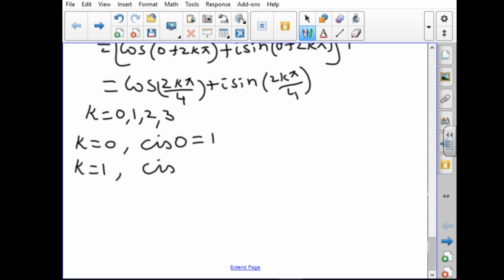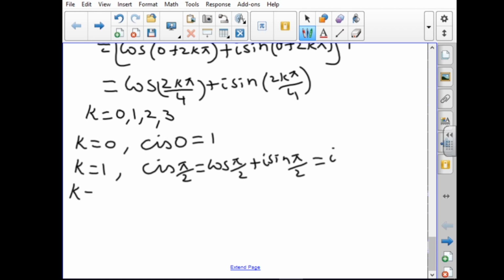So k is equal to 1 means we get pi by 2, cis pi by 2. So it is nothing but cos pi by 2 plus i sin pi by 2. So cos pi by 2 is 0, sin pi by 2 is 1. So we get i.